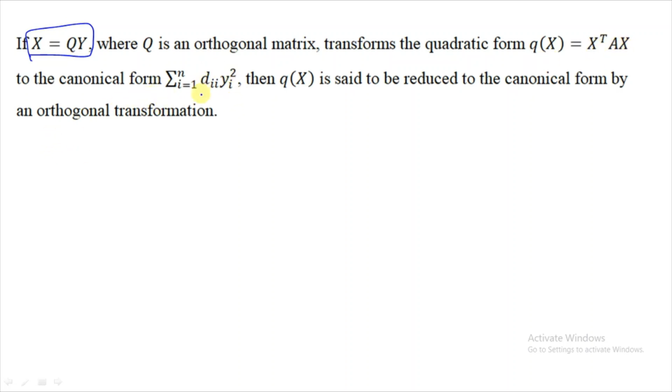Canonical form means there is no cross term, only y1 square, y2 square and so on, where y is the vector y1, y2, y3. The Q of x is said to be reduced to the canonical form by an orthogonal transformation. This is the orthogonal transformation.